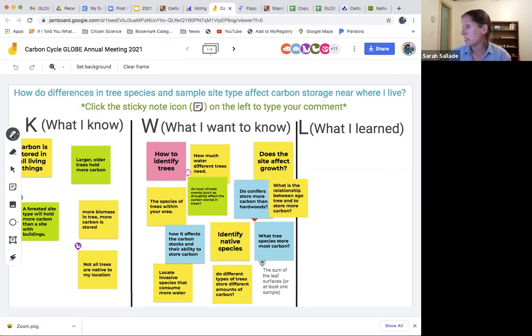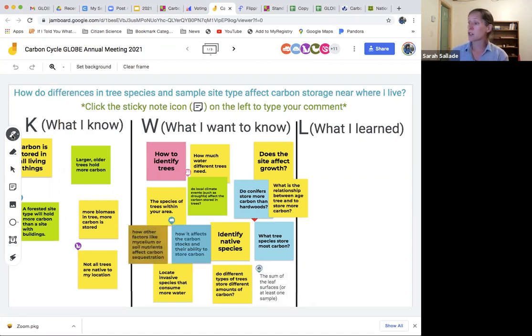So how do you even identify different species and which species are in your area? How invasive species might impact the carbon storage of your area? Do different tree types store different amounts of carbon?